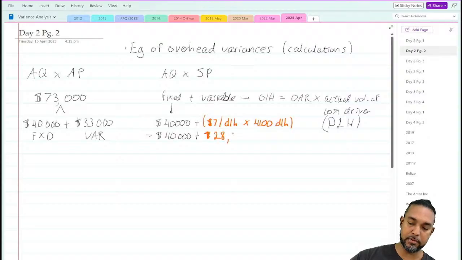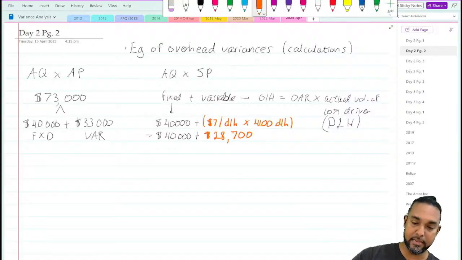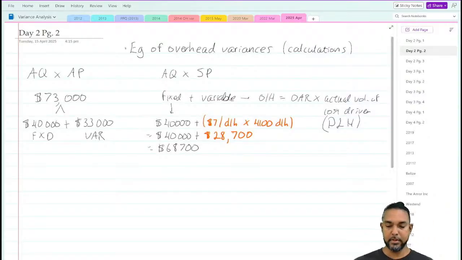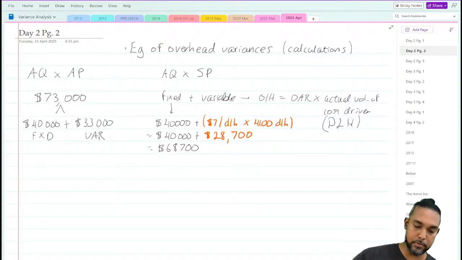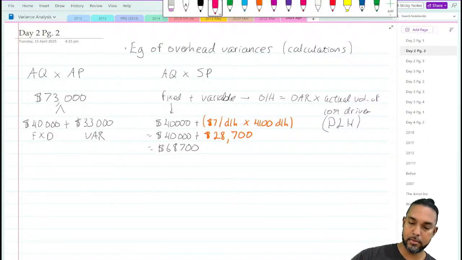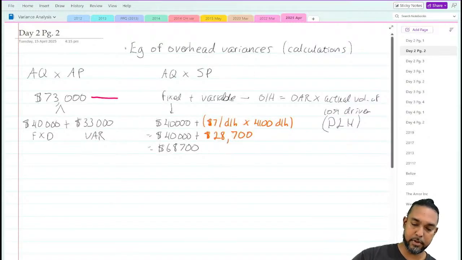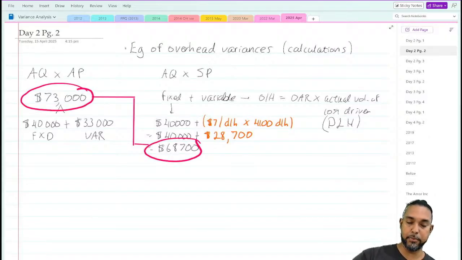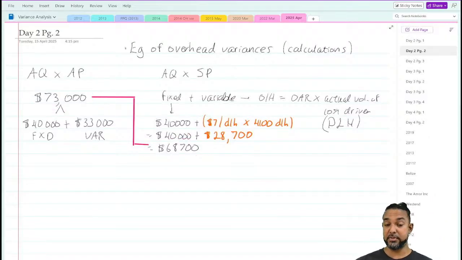So 28,700. When we add them together, we get 68,700. Now, when we compare the actual with what it was supposed to be based on the standard cost, we see that we actually spent more than we were supposed to.